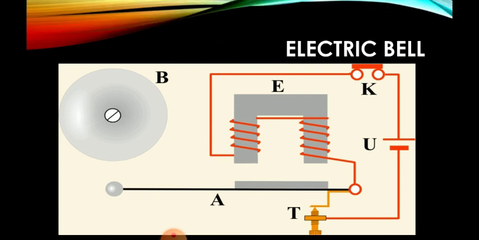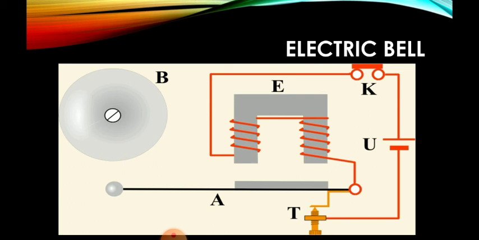Now when the iron strip, A, is in contact with the contact screw, T, that means the current can flow if the key is switched on. Did you understand what I mean? I said that the iron strip A is in contact with the contact screw, and when it is in contact, the current can flow through the circuit. And for the flowing of current, we have to switch on the key.